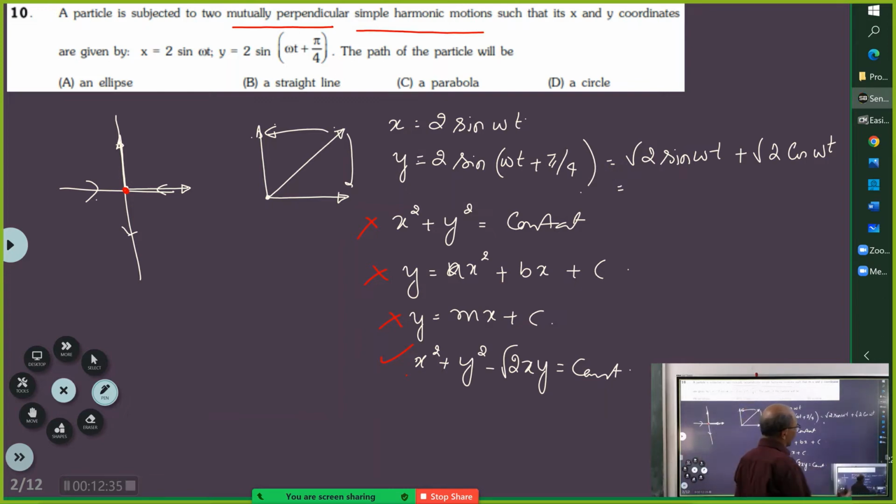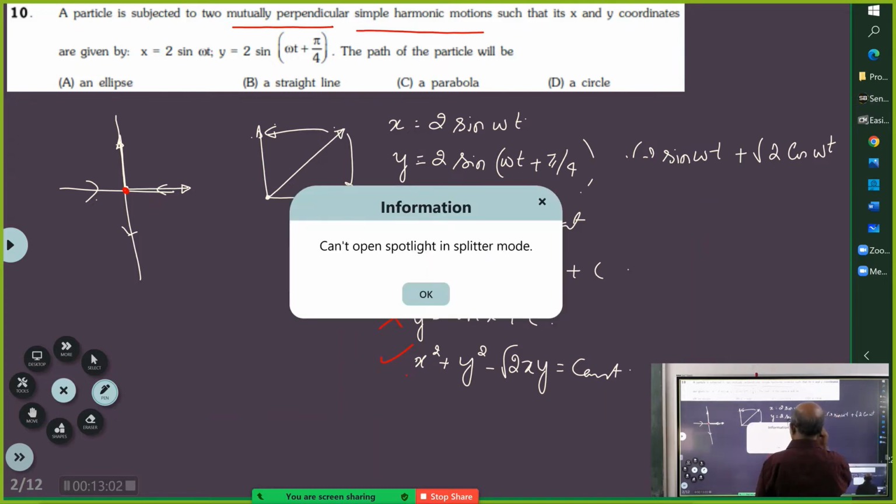Come on, tell me. So, y we can write as 2 sin omega t by root 2. Wait, this I have already written here: root 2 sin omega t, root 2 cos omega t. What should I write here? You write 2 sin omega t by root 2. Okay, you want me to write it as by root 2?